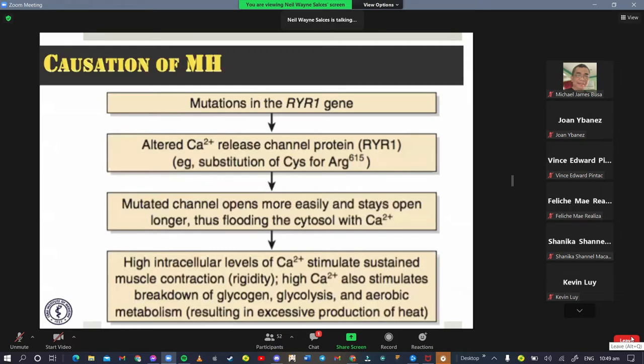As has been said, there are many different point mutations that have been detected in the RYR1 gene, some of which are associated with central core disease. It is estimated that at least 50% of the families with members who have malignant hyperthermia are linked to the RYR gene.